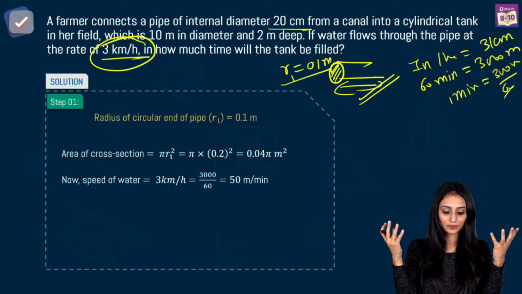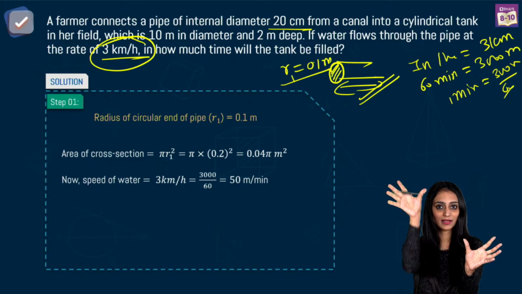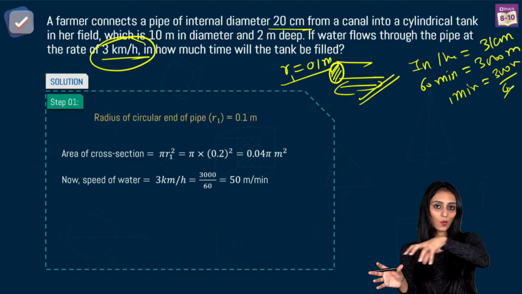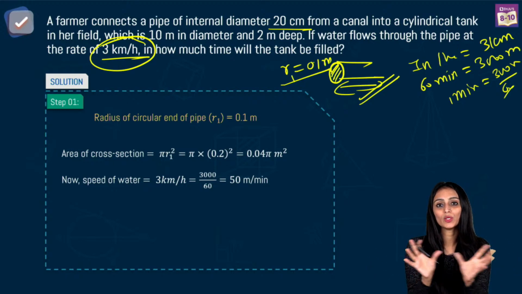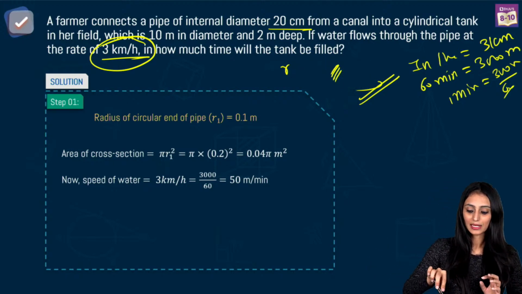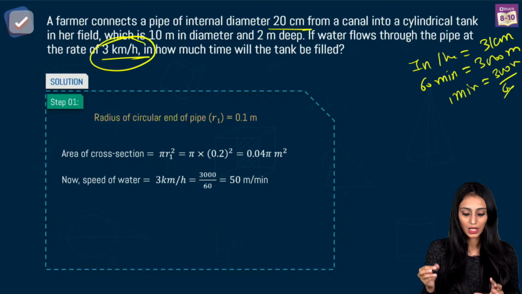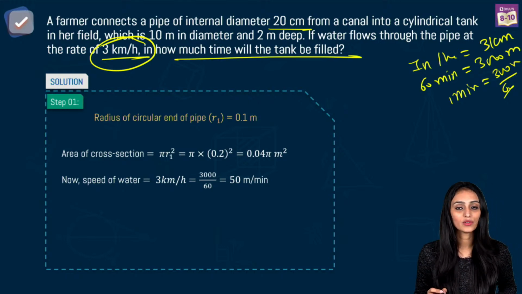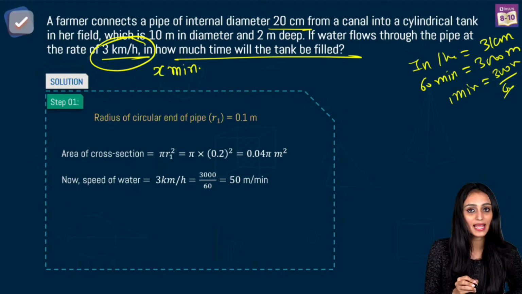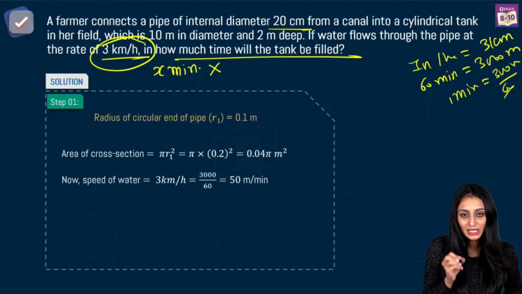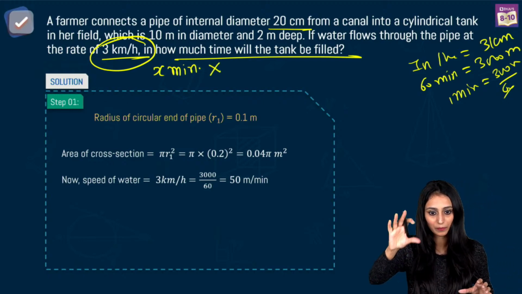Yes, Dilip. The cylindrical pipe is there, the cylindrical tank is there. Water is flowing through the cylindrical pipe. But how will you equate the volumes? Simply, let me tell you the final thing first. Let's say the time in which the tank will be filled is X minutes. That time completely depends on the cylindrical pipe, right?